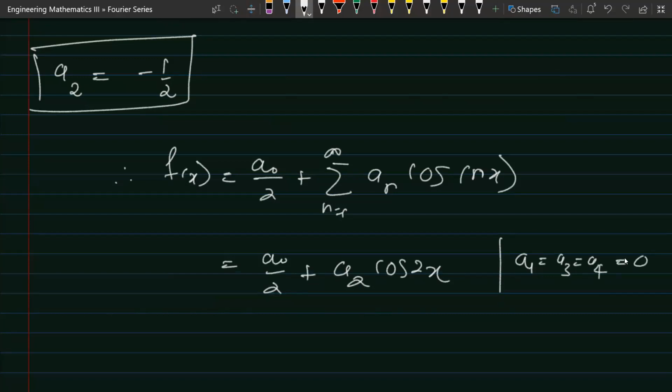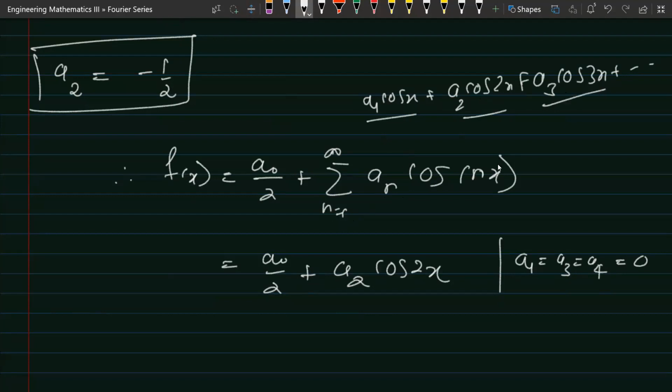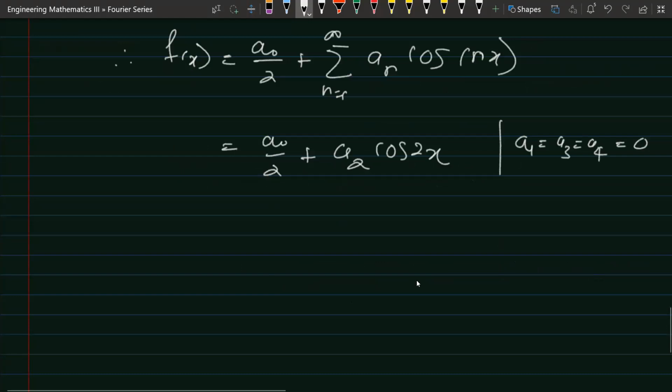If you expand this series: a1 cos x plus a2 cos 2x plus a3 cos 3x and so on, for n equal to 1 this, n equal to 2 this, n equal to 3 this. But we know a1 is 0, a3 is also 0, all terms are 0; only a2 cos 2x is there, and we substitute the values of a0 and a2.